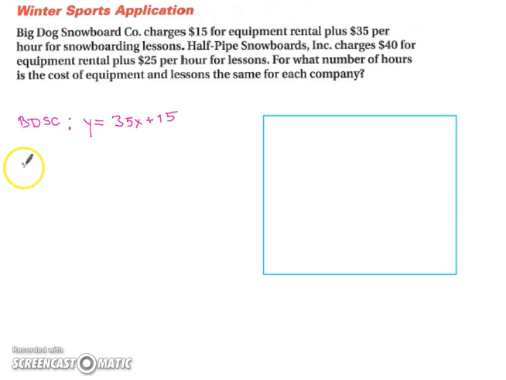And then our Half Pipe Snowboarders Inc., sorry, I should probably put that I in there, so HPSI, is y equals $25 per hour for lessons, but you start with a $40 fee.